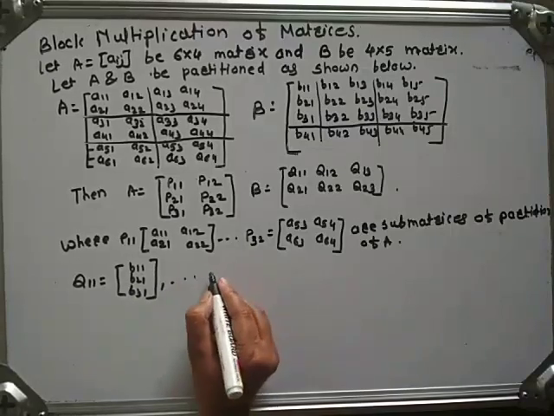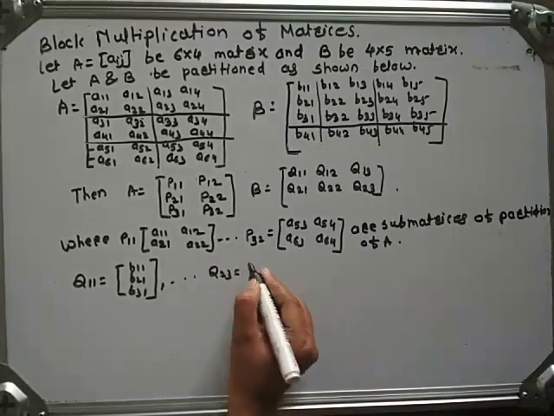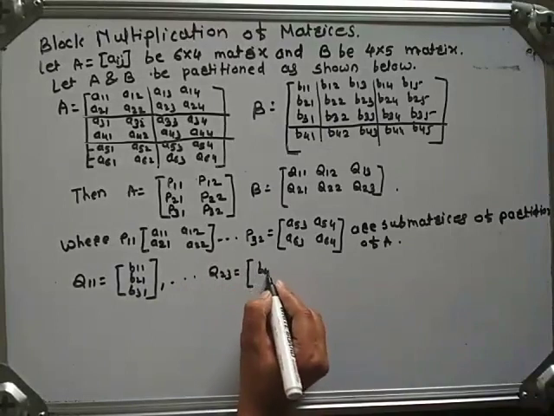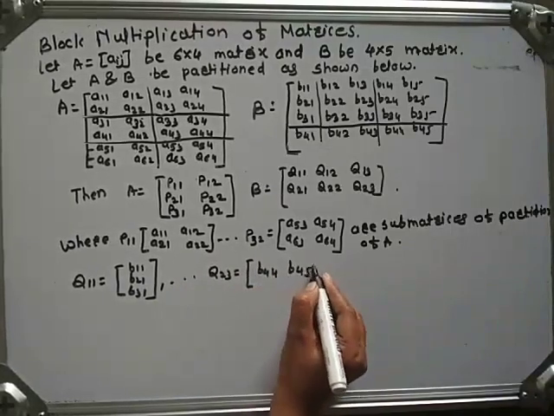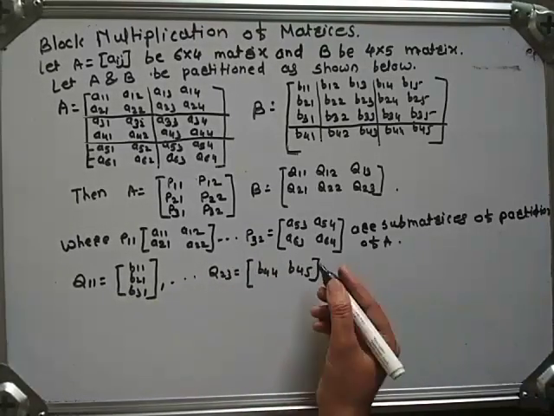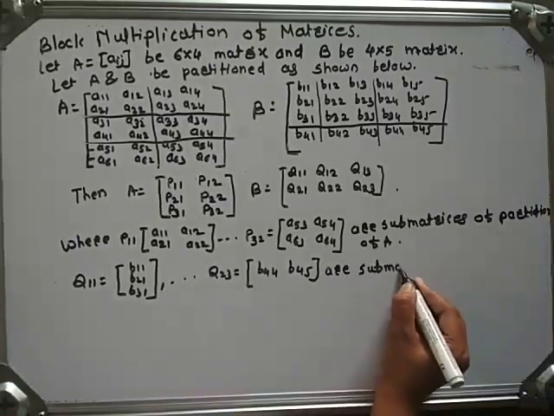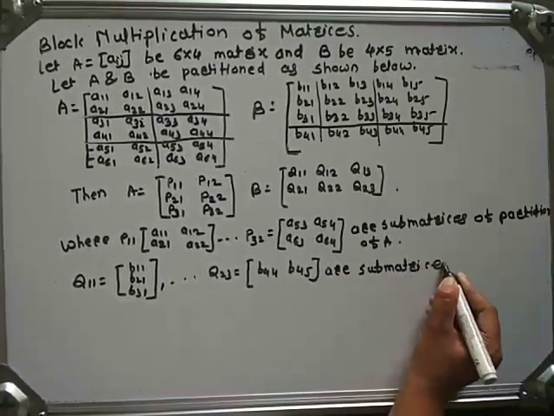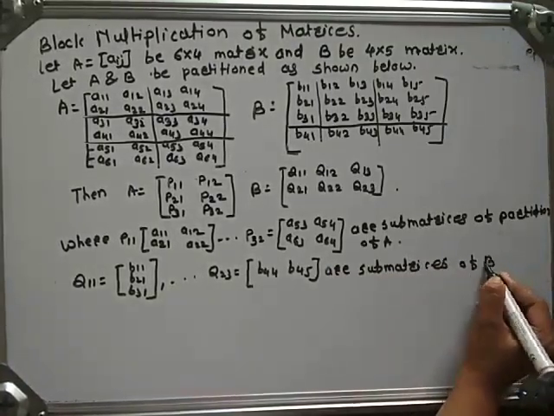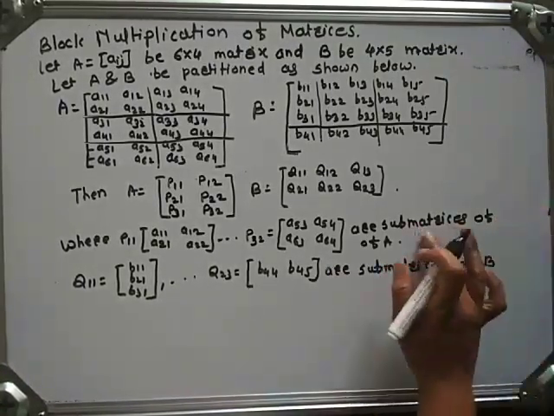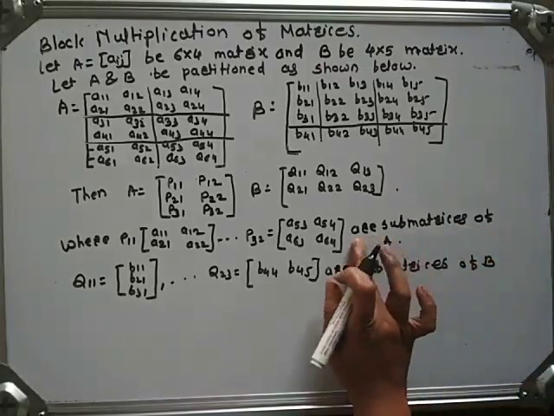Okay, and so on up to Q23 is equal to B44, B45. These are the submatrices of B. Here I say only submatrices of A. Okay.